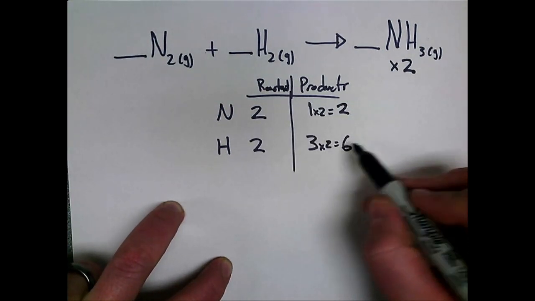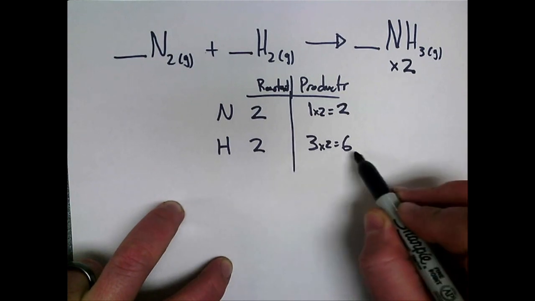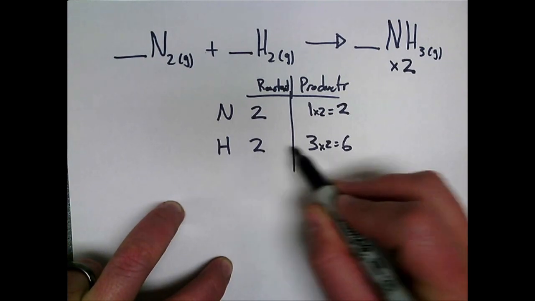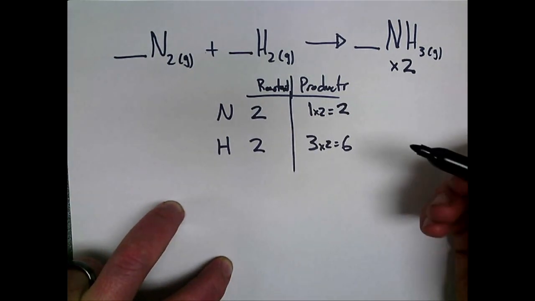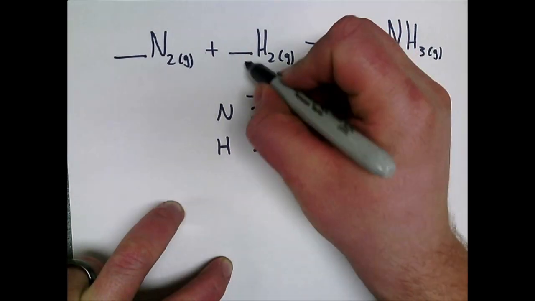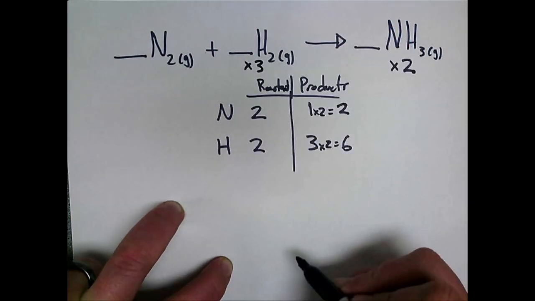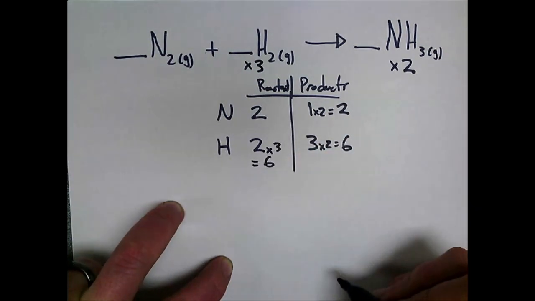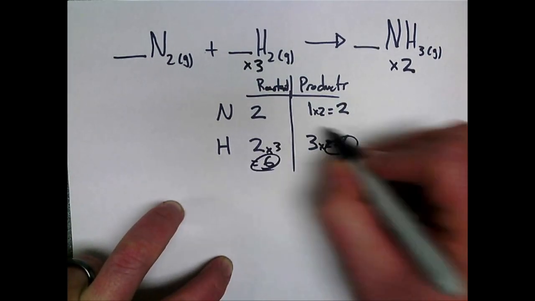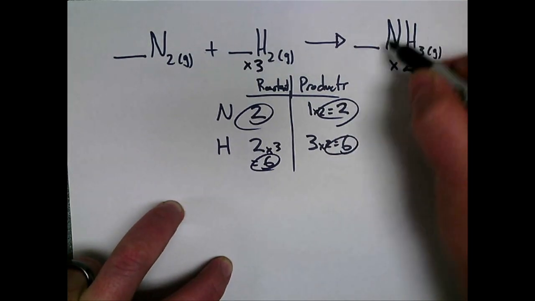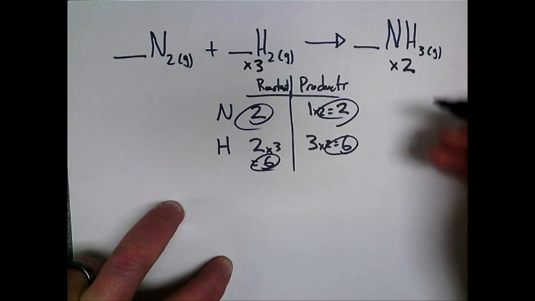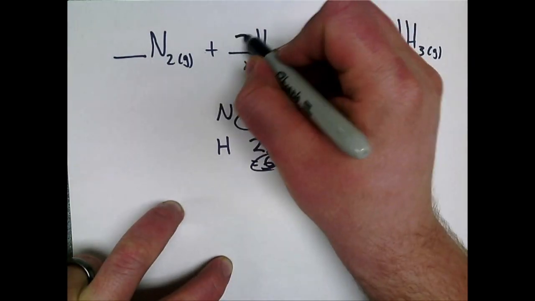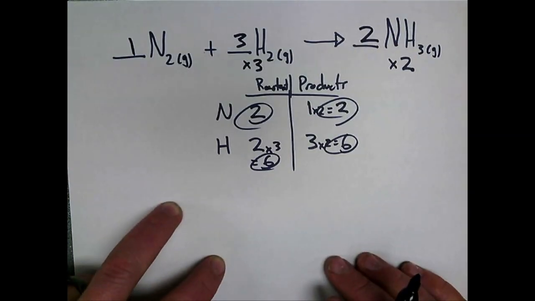So I'm going to come back over here and ask, what do I need to actually make a 2 into a 6? Well, that's a factor of 3 here. So I'm going to times this by 3, and that will times this by 3, giving me 6. So now I have 6 and 6, 2 and 2. So these things I used right here are the coefficients. 2 of these, 3 of these, 1 of these.